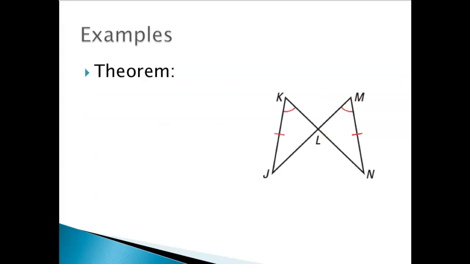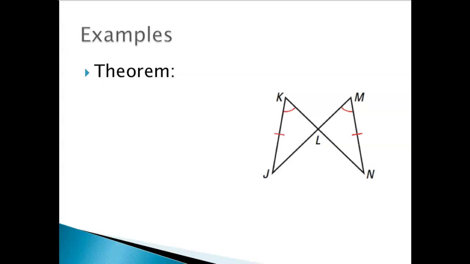This one, it looks like we have angle K and angle M congruent to each other, side KJ with side MN, and we still need at least one more piece of information. In this case, again, it looks like we have some vertical angles to work with.